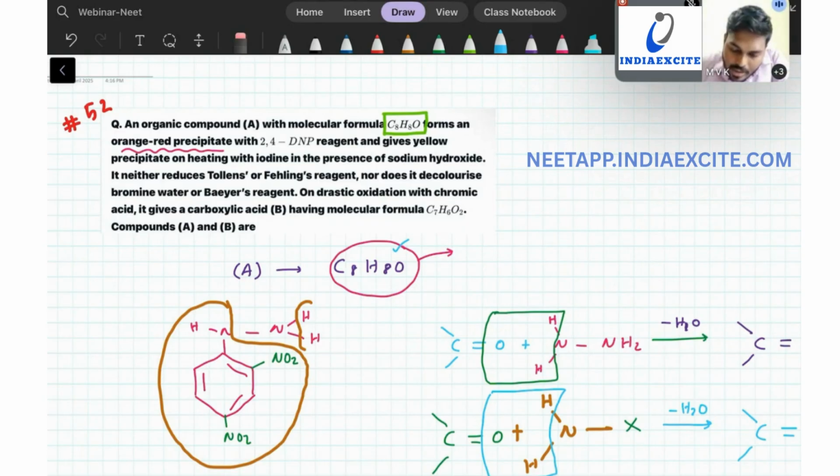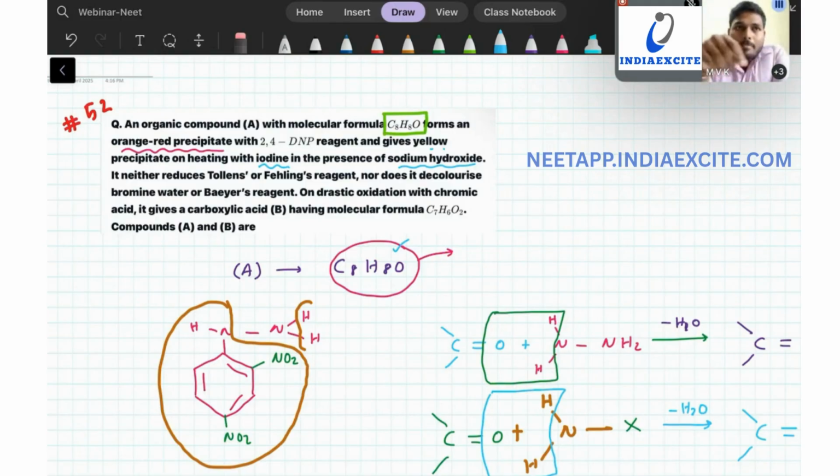Now look at the next thing. They are saying it gives a yellow precipitate on heating with iodine in the presence of sodium hydroxide. So what reagent is this? Iodine, sodium hydroxide. Studying it in a statement, there are two aspects, psychologically speaking.